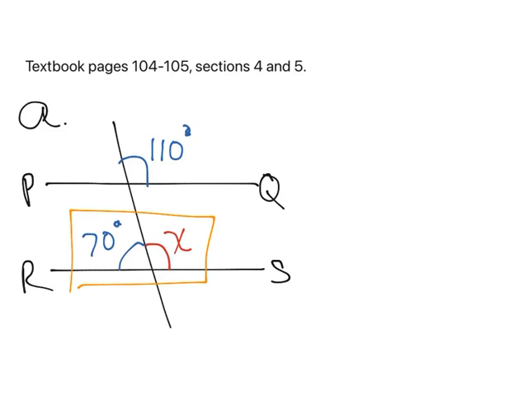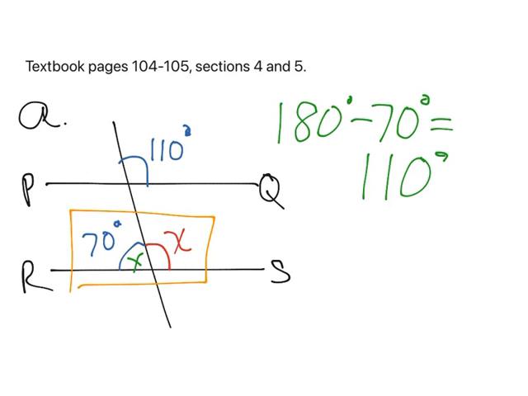Knowing that a straight line is 180 degrees, we can take 180 minus the angle we are given, 70 degrees, and we get 110 degrees. So x equals 110 degrees.